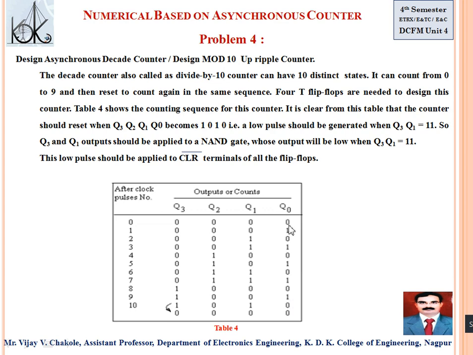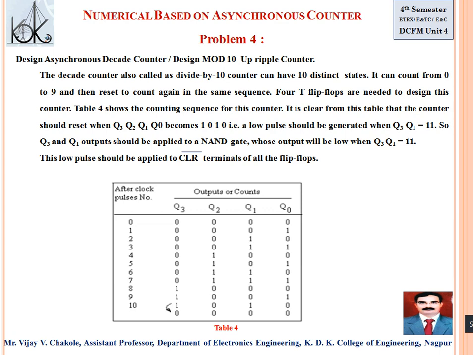Because you are designing a 4-bit counter, the total number of states is 16. Out of these 16 states, we are using 10 states, so this is also called a truncated counter.